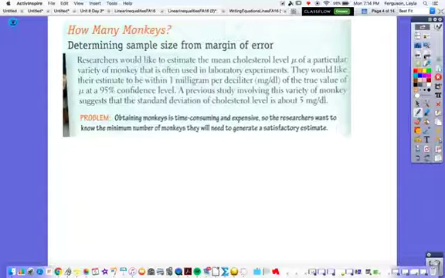A previous study involving this variety of monkeys suggests that the standard deviation of cholesterol level is about 5 milligrams per deciliter. The problem we have to solve is obtaining monkeys is time-consuming and expensive, so the researchers want to know the minimum number of monkeys they will need to generate a satisfactory estimate.